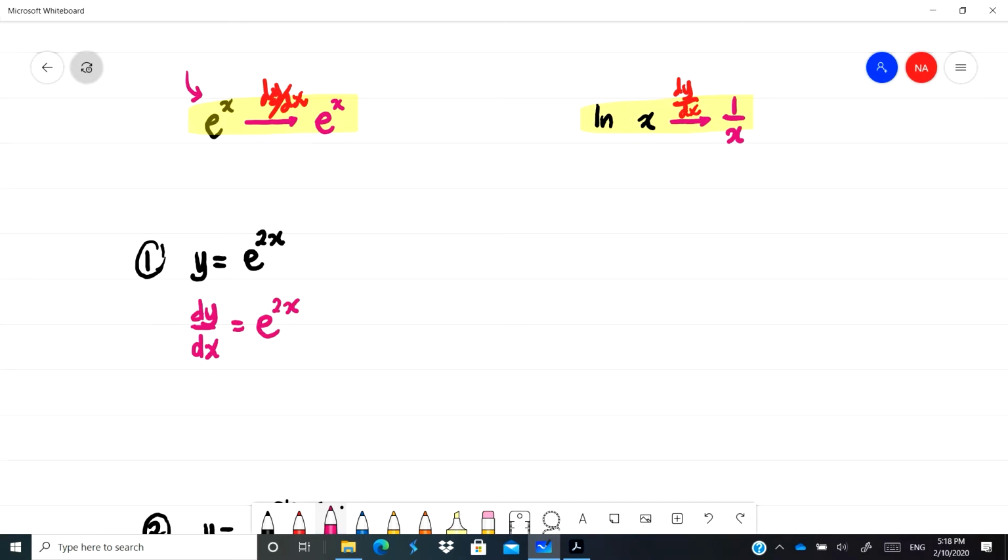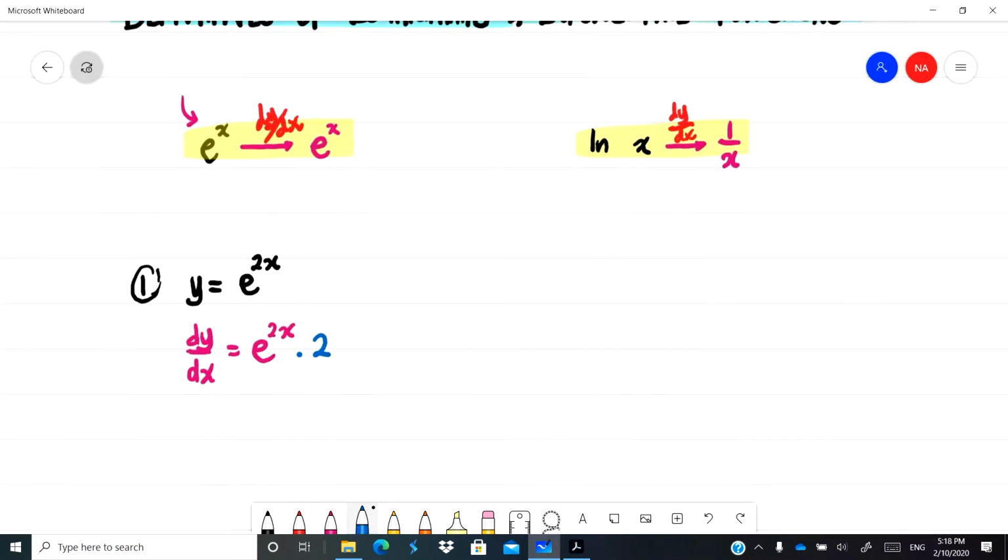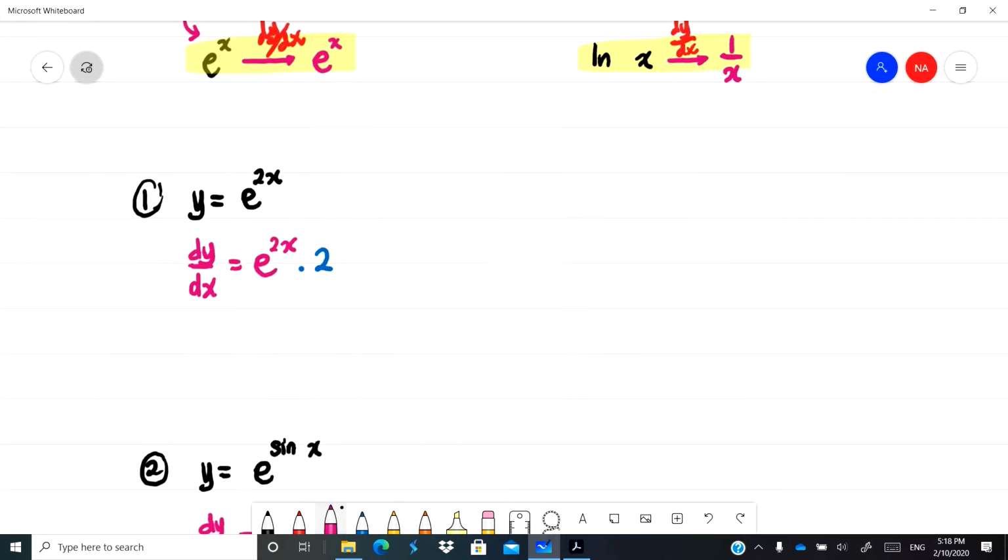But we are going to differentiate the 2x here. Differentiating 2x will become 2. Now you have to simplify this one.